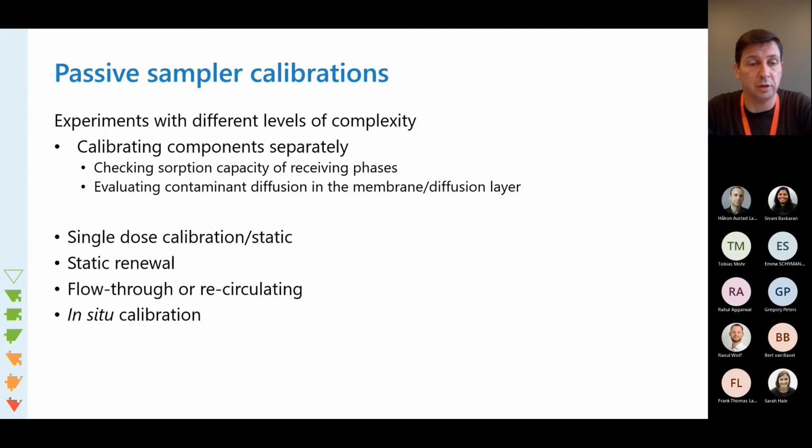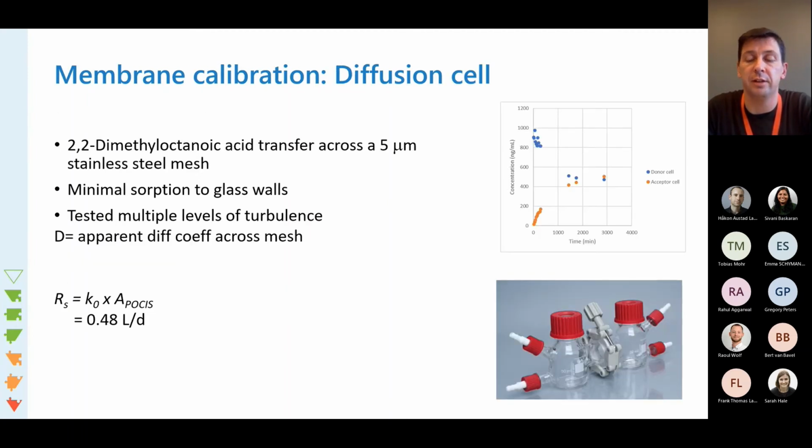And now I'm going to go through a couple of slides where I'll show you how we've been doing some of these measurements. So we've been using this diffusion cell on the right-hand side here to look at the transfer across a stainless steel mesh with 5 micron openings to look at this naphthenic acid transfer.